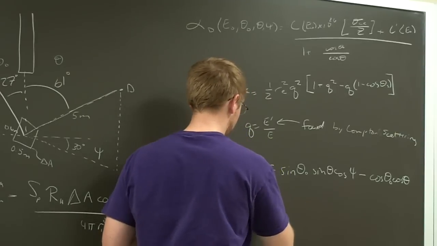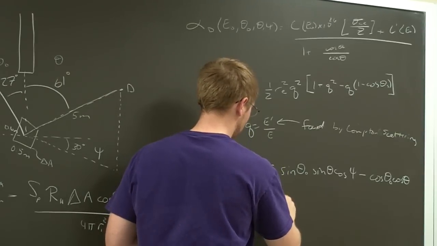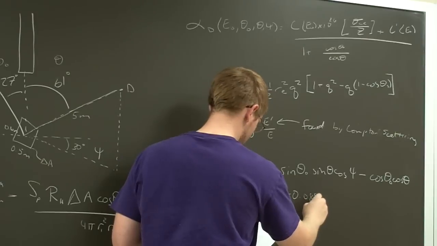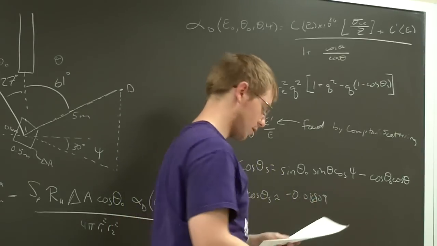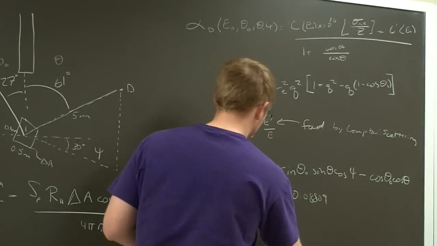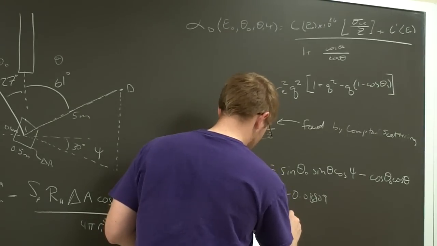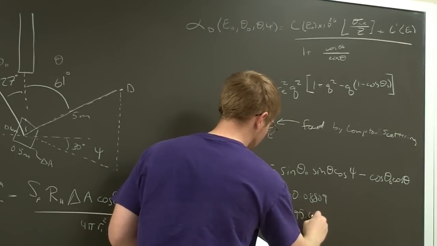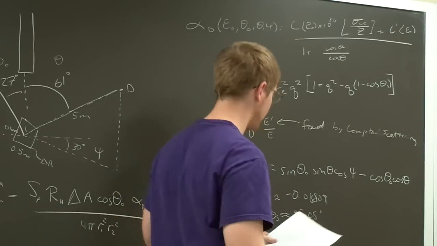And we get that this cosine theta s is approximately equal to negative 0.08809. And so that means that theta s is approximately 95.05 degrees.